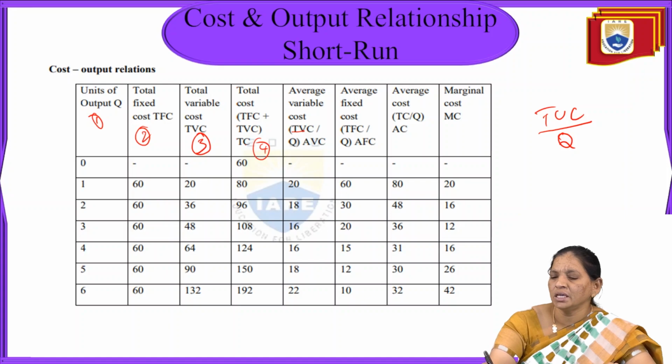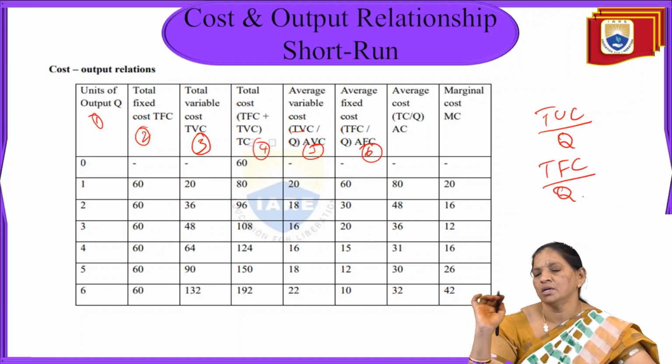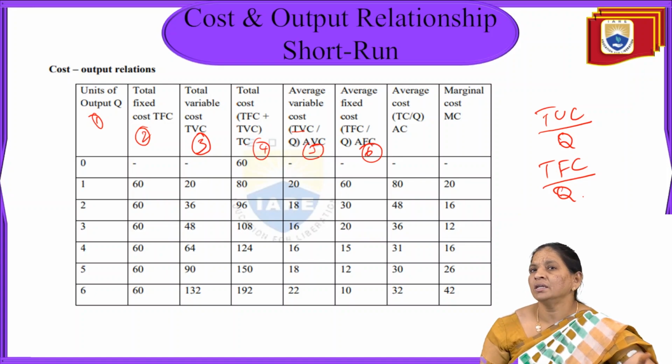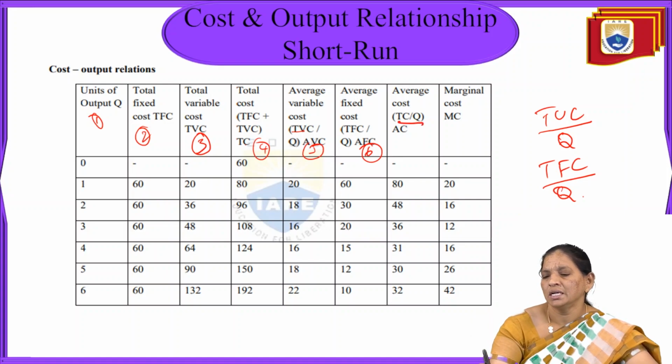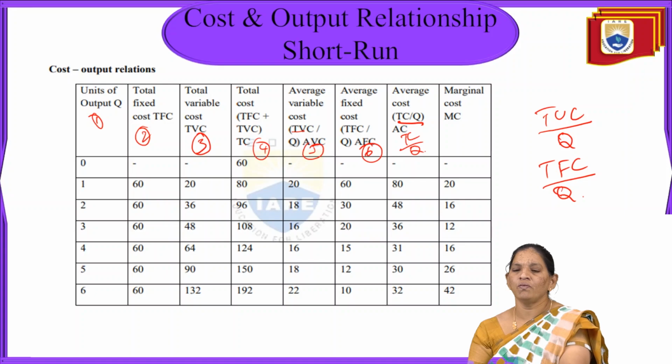And you get average fixed cost when total fixed cost is divided by the number of units. Then average cost means total cost divided by the number of units, that is TC divided by Q, the quantity produced. How will we get total cost?